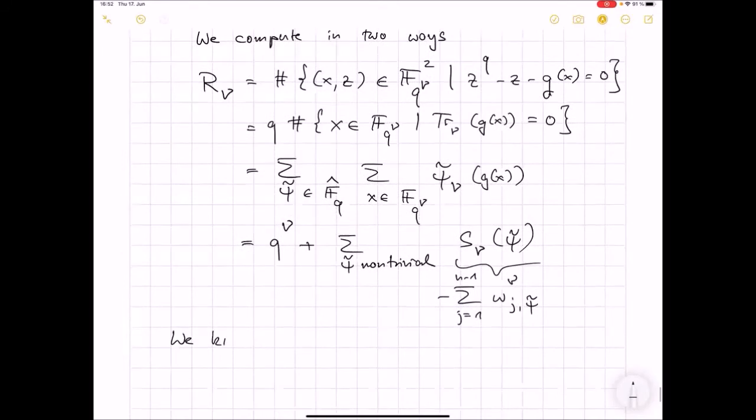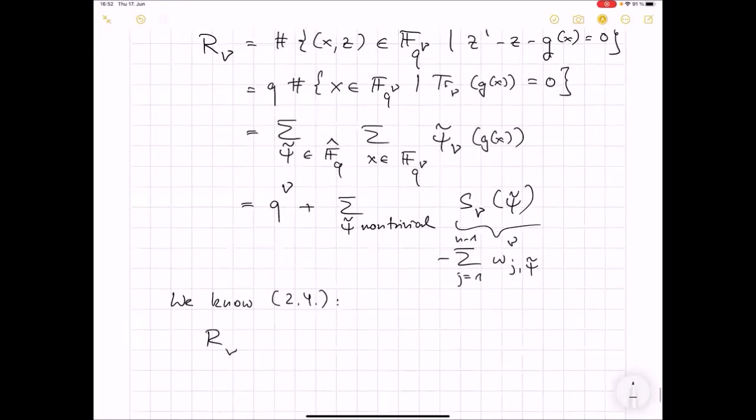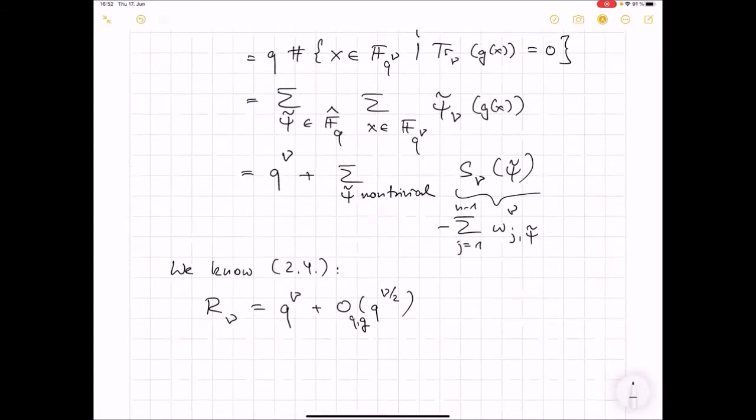So we know, that was 2.4, that R_nu is q to the nu plus O of q to the nu over 2. This depends on q and it depends on g, but it's uniform in nu, and that's the important point. Now we can use our self-improving lemma. The implied constants simply disappear for free. So this improves itself.